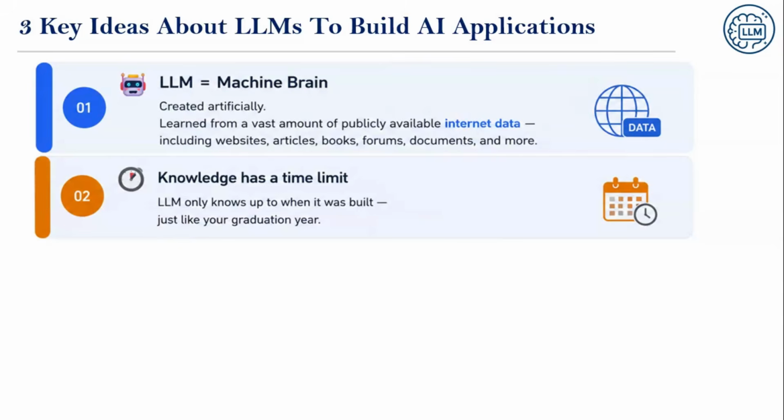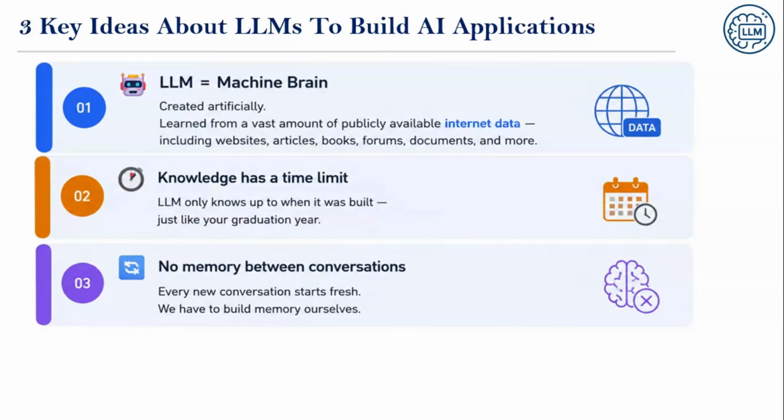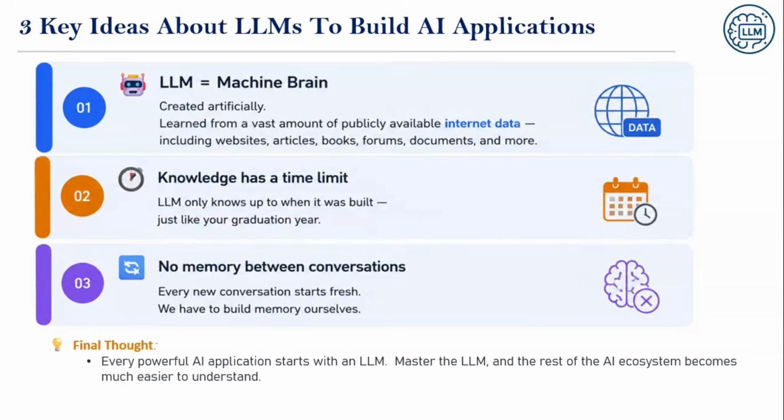And finally, no memory between conversations. So the final thought about this video is, every powerful AI application starts with an LLM. Master the LLM and the rest of the AI ecosystem becomes much easier to understand. Okay, thank you.